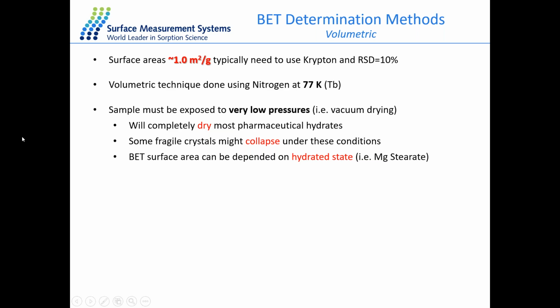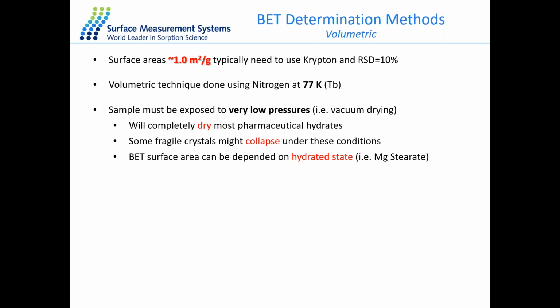Under these conditions, the sample can collapse, shrink, or change structure during the measurement, like losing some hydration water. So the measured surface area is not that of the original sample anymore, and it's not the surface area of interest during processing or performance.